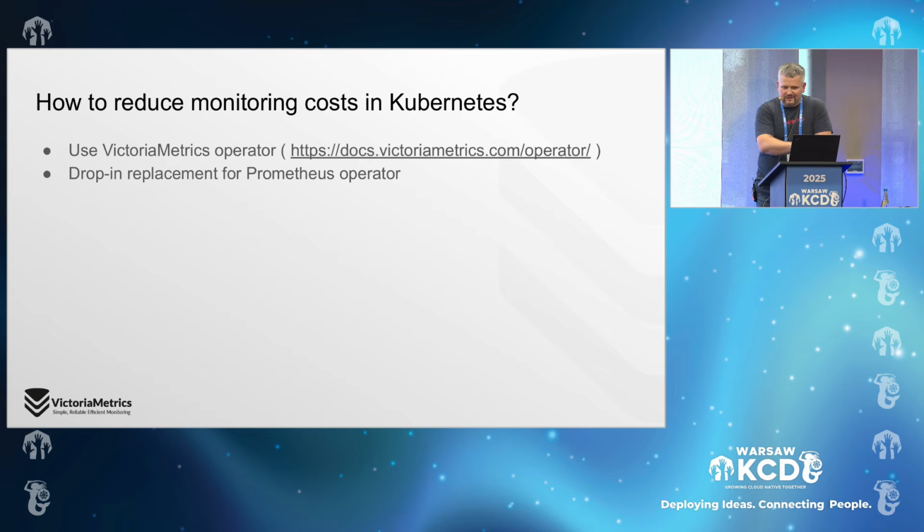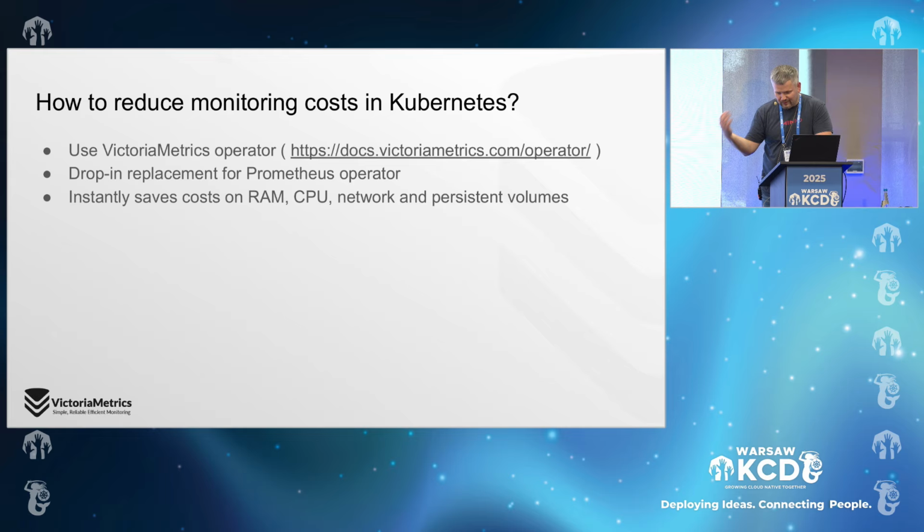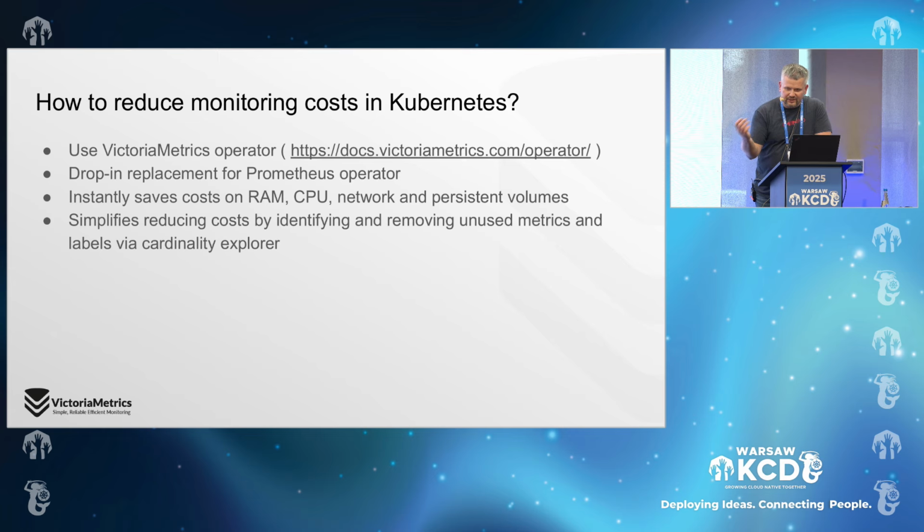It can migrate CRDs from the Prometheus operator configuration to VictoriaMetrics CRDs. And when you install the VictoriaMetrics operator instead of the Prometheus operator, you instantly save costs on memory, CPU, network, and persistent volumes, as I showed before. And as an additional benefit, you can save additional costs by identifying unused metrics and dropping them with the help of Cardinality Explorer.